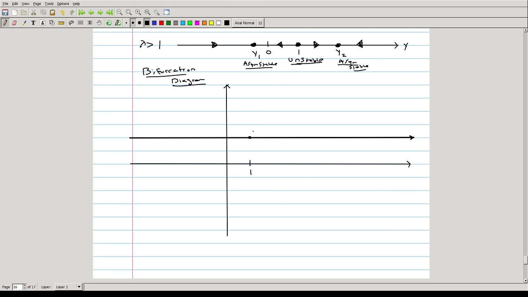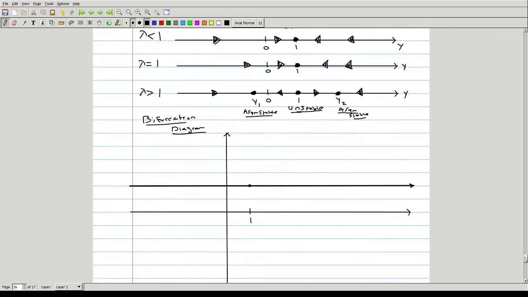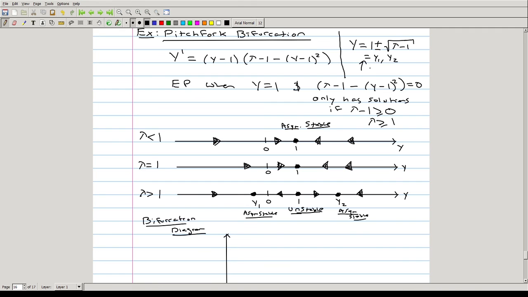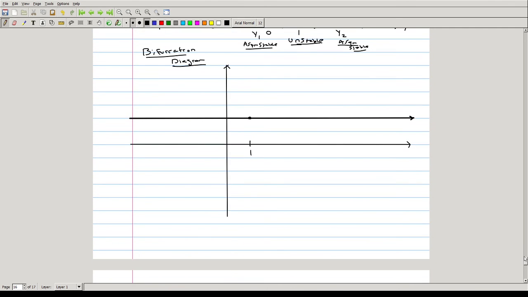And if you plot out these curves right here, the curve y equals plus and minus the square root of lambda minus 1, this is just going to be a parabola opening like this, and a parabola opening like this.